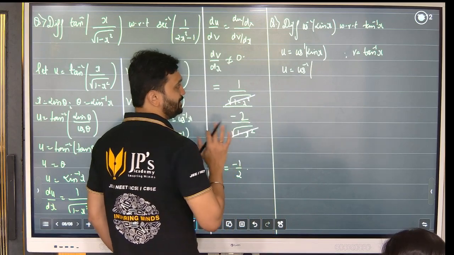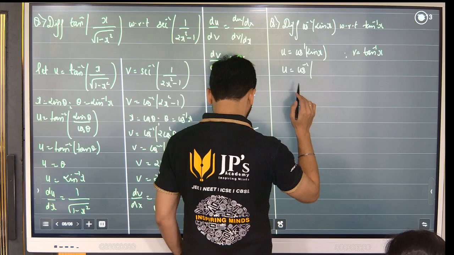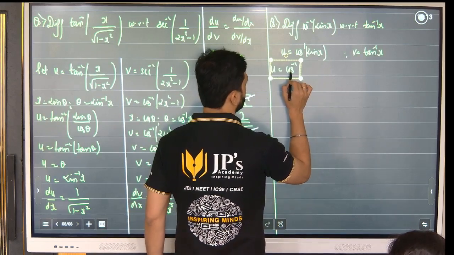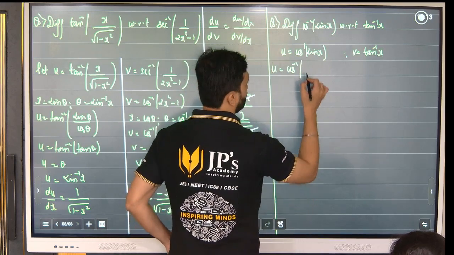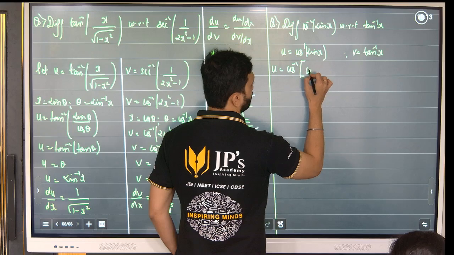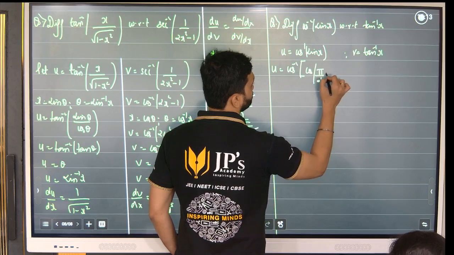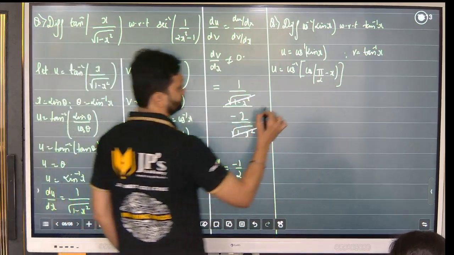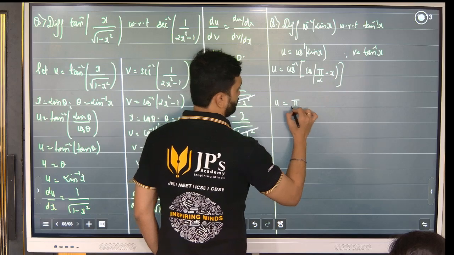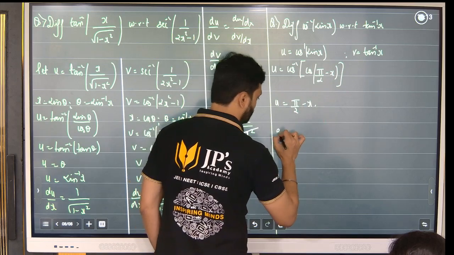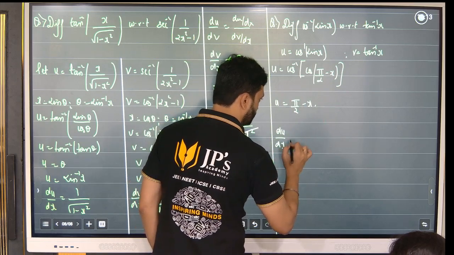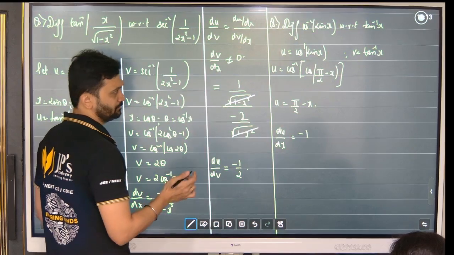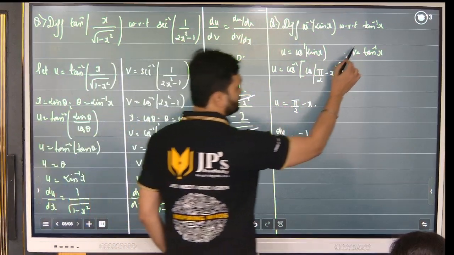So I can directly differentiate it, but I don't want to. Now why I don't want to? Because of this reason. Look carefully. What will this become? Pi by 2 minus x. So can you tell me what is du by dx? Minus 1. Did you understand this? Simple. You did not have to do anything extra.